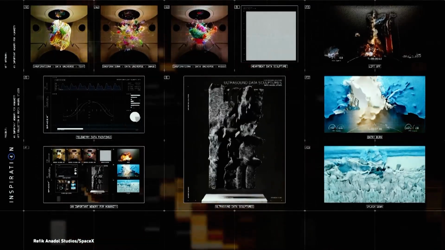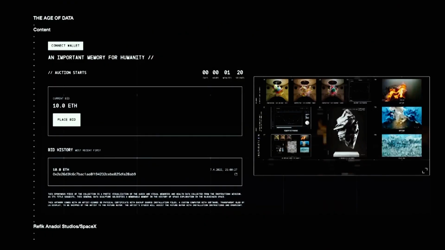The launch of this minting was on April 7th, 9 o'clock, and I made some screenshots because it was quite interesting. The first piece being minted is a one of one piece, and it started with 10 Ethereum. 1 Ethereum at the moment is about 3,500 euros.